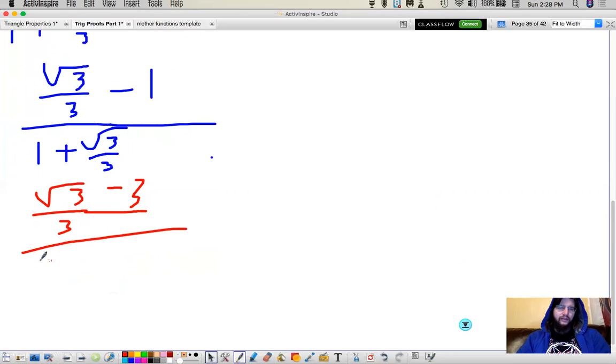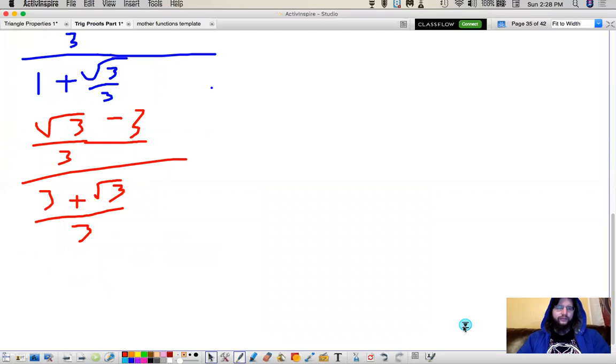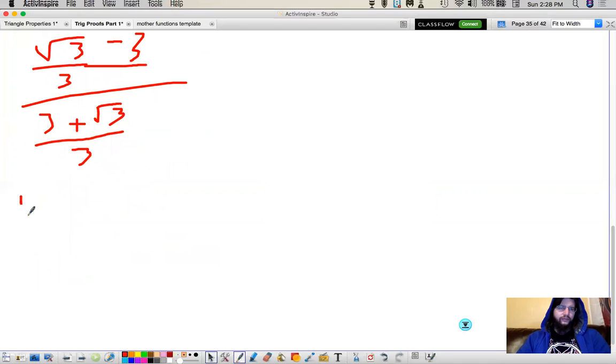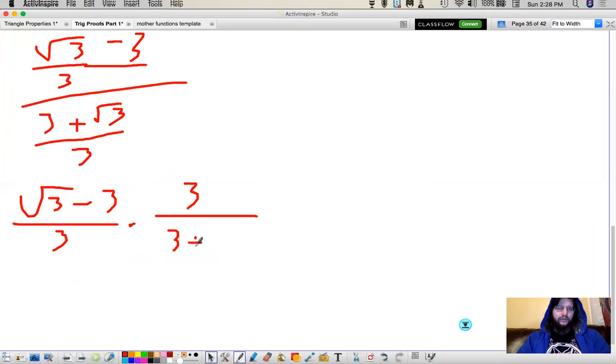Down here, same thing, 3 plus square root of 3 over the 3. We're dividing a fraction by a fraction, so we're going to flip and multiply by the reciprocal. Square root of 3 minus 3 over 3 times 3 over 3 plus square root of 3. Those cancel. Square root of 3 minus 3 over 3 plus square root of 3.